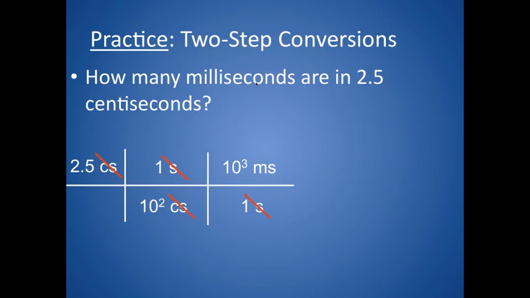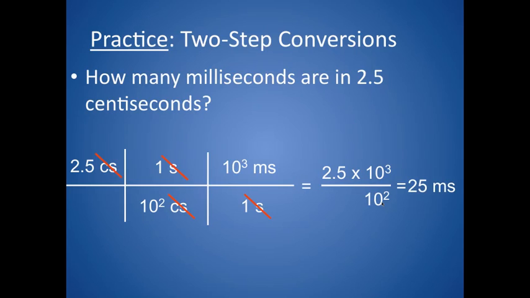That's what we're trying to get to. So you got 2.5 times 10 to the third on top, and then what is in the bottom is 10 to the second. So it's 2.5, and then 10 to the third divided by 10 to the second is just 10 to the 1. So 2.5 times 10 is going to be 25 milliseconds.